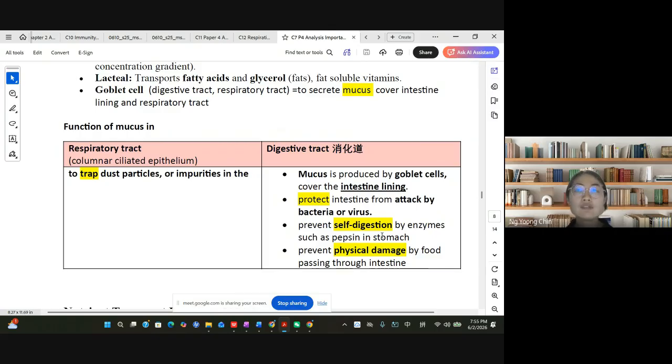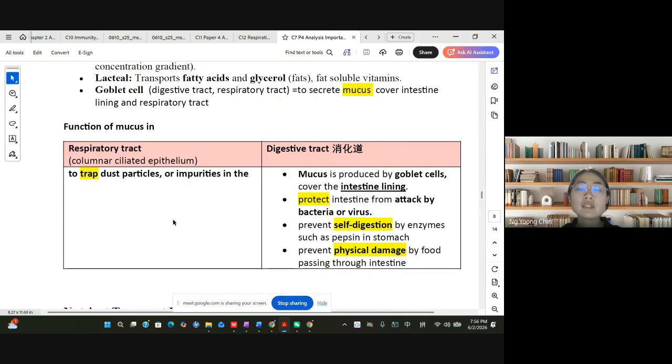So that's why it's very fragile, very soft. So you should have mucus to prevent the digestive tract from being damaged by the food. If the food has a very rough and sharp texture or surface, it might injure your alimentary canals.